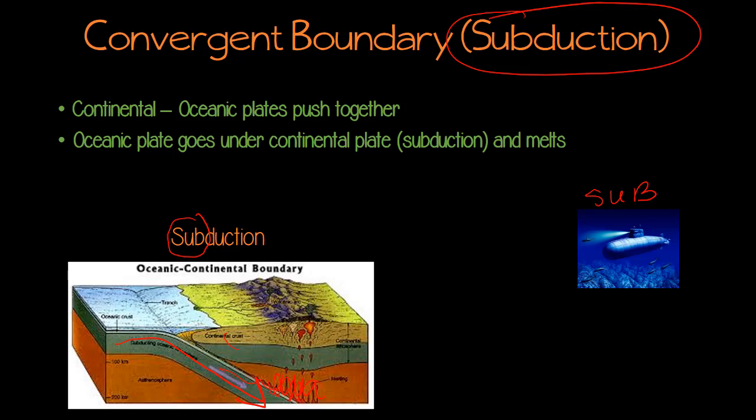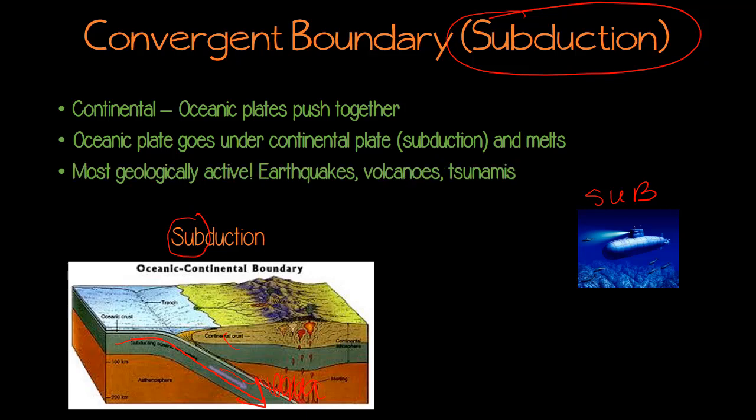In fact, this is why subduction zones are one of the most geologically active and violent types of boundaries. You're going to find a lot of volcanoes in subduction zones because you've got the melted oceanic rock right there that can get pushed up through weaker spots in the crust.